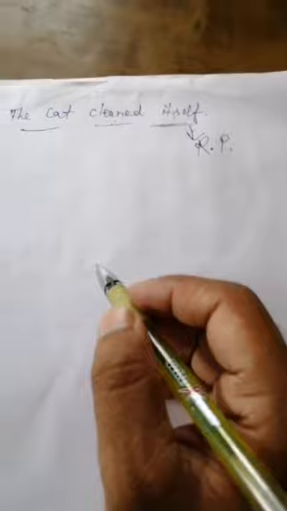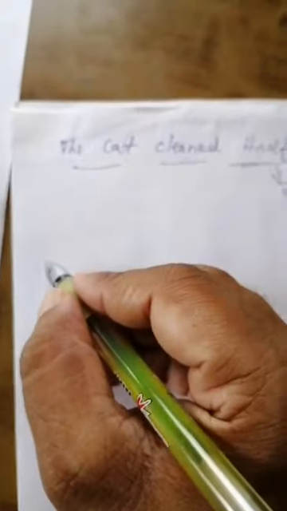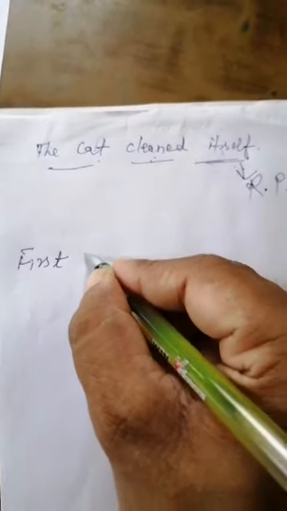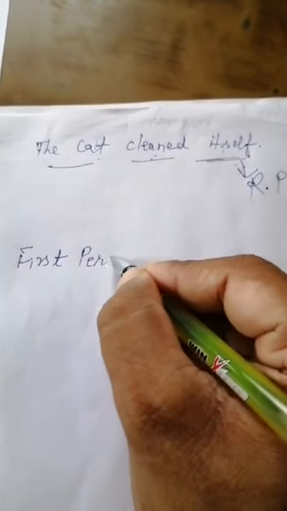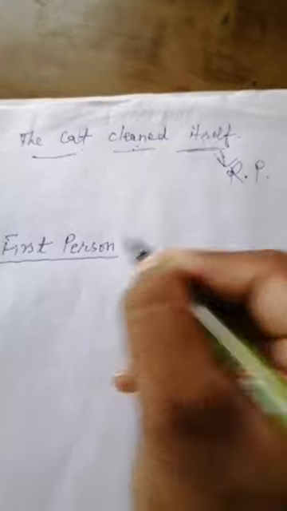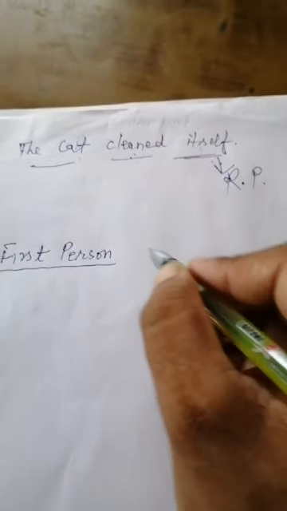Now I'm going to write some more words which are your reflexive pronouns. Now try to understand. We will talk about the first person. Try to understand, it's very easy. What are first persons?